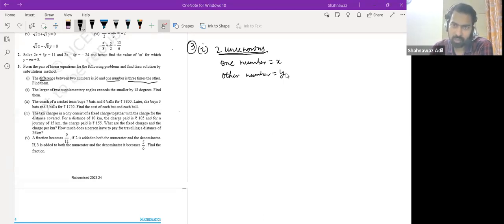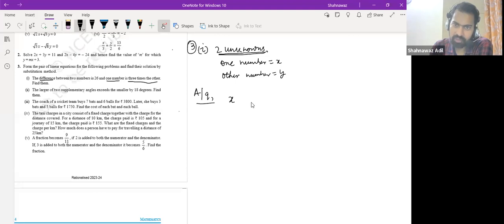So we have these two numbers, right? And the first information, difference between two numbers is 26. So how do we calculate the difference? x minus y.